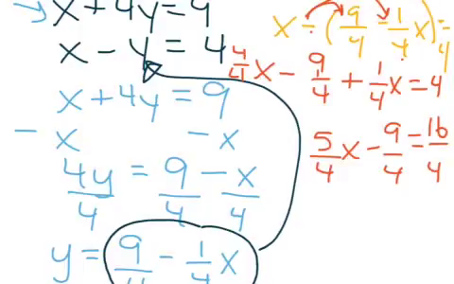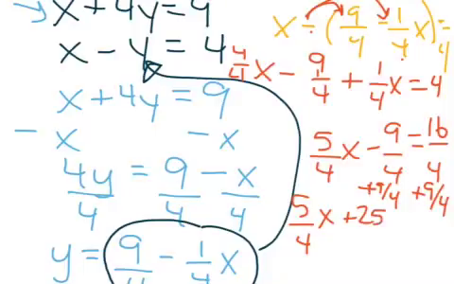Okay, so now I need to get the 5 over 4x by itself, so I'm going to add the 9/4 to both sides. So 16 plus 9 is 25. That should be an equals.